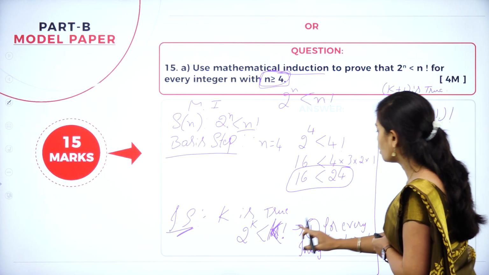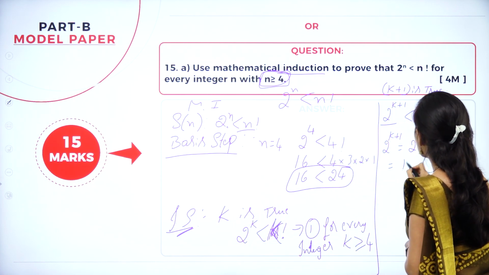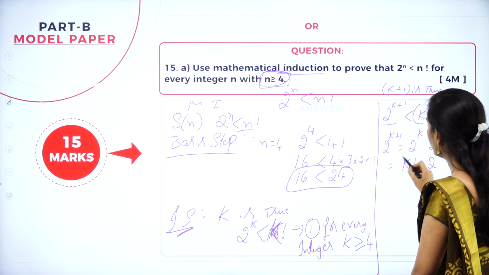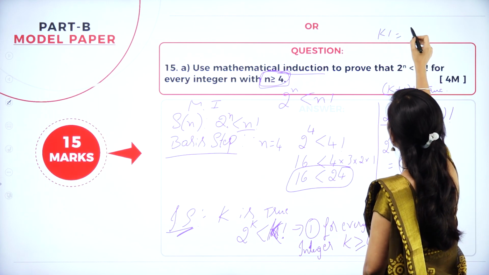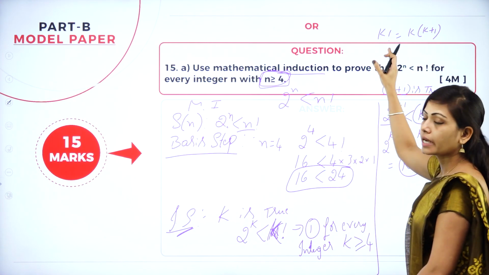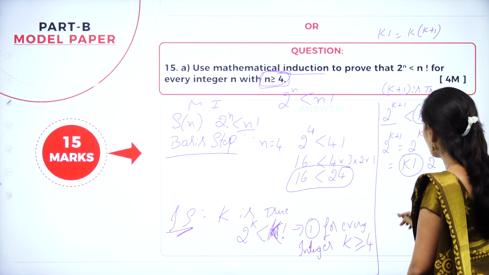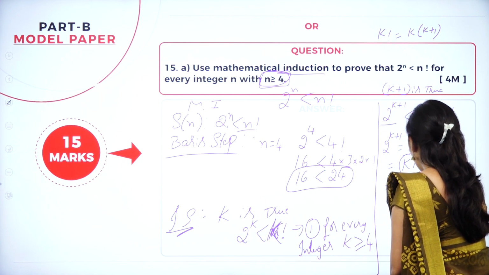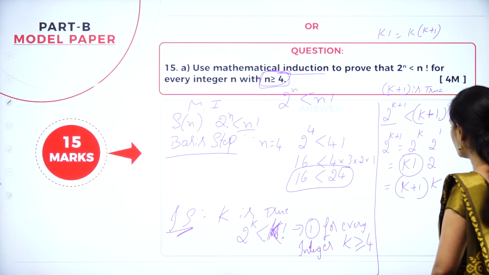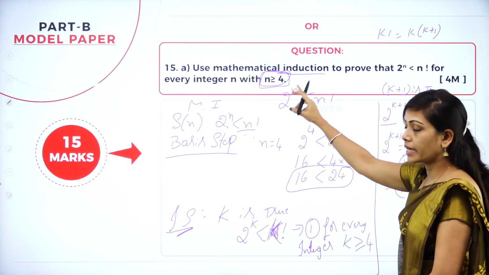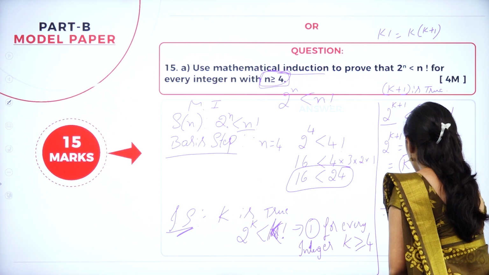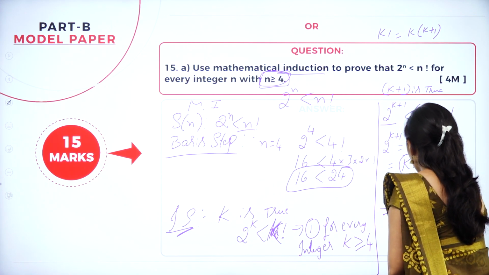Clear? You can separate the power value. Now in place of 2 power k, you can write k factorial into 2. And k plus 1 factorial means k plus 1 into k factorial. This is a rule, because k is greater than or equal to 4. And now I'll write the answer: k plus 1 factorial is true.